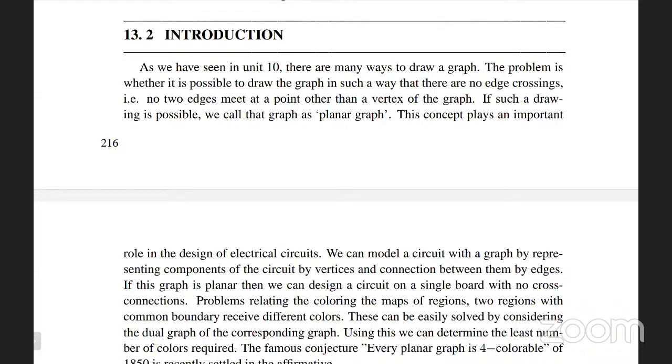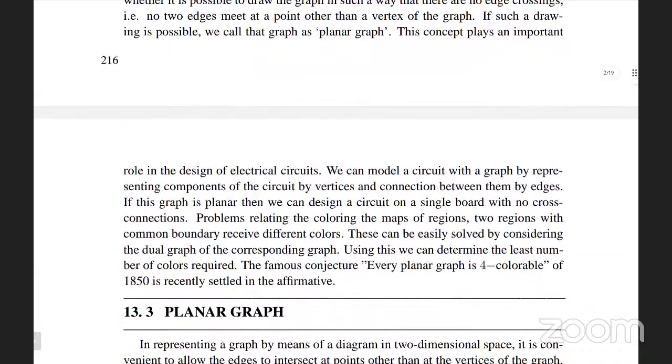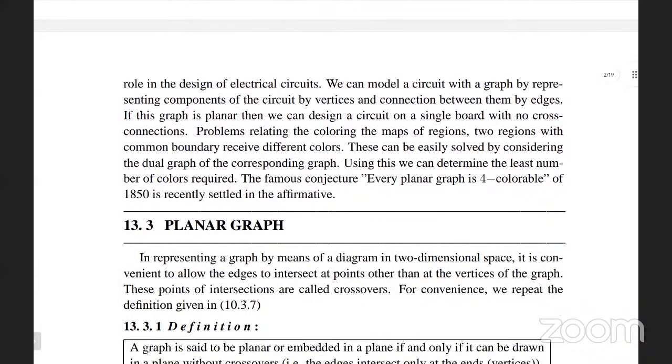If this graph is planar, then we can design a circuit on a single board with no cross connections. There are also problems related to coloring the maps of regions.